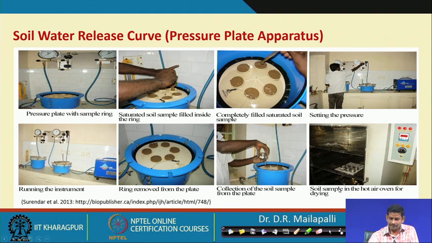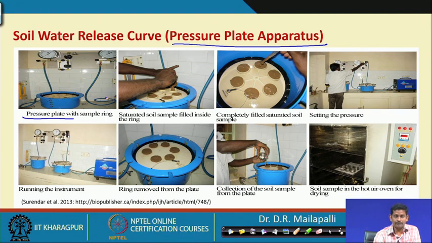And here, in order to relate the water content and the soil moisture tension, there is an apparatus called the pressure plate apparatus. The series of pictures shows the operation. The first thing is this is called a pressure plate, which is connected to a vacuum pump.